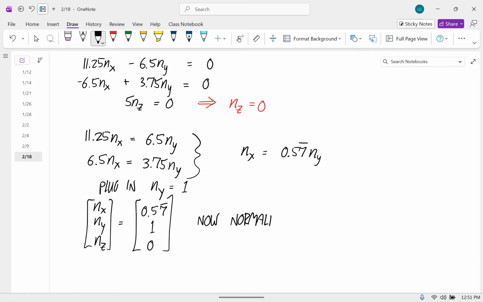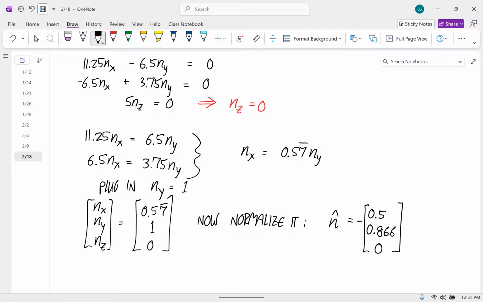And so a unit vector in that direction is 0.5, 0.8660, 0.